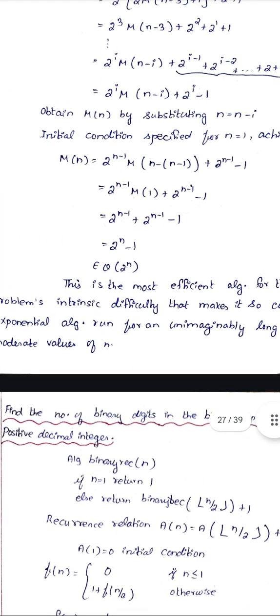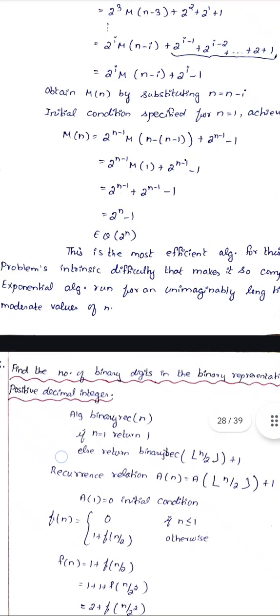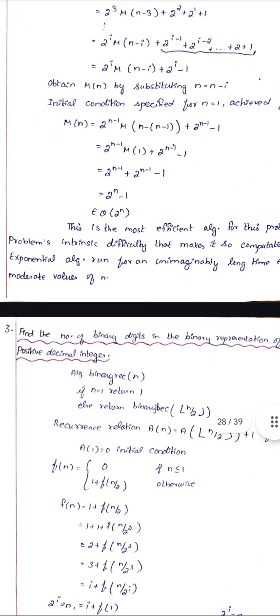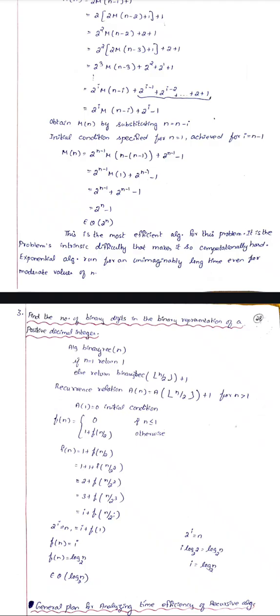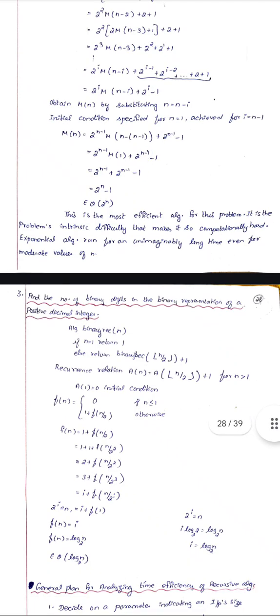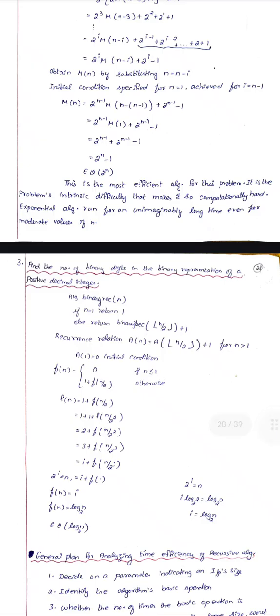So that is considered as 2 power n minus 1 plus 2 power n minus 1 minus 1, 2 power n minus 1, theta of 2 power n. This is the most efficient algorithm for this problem. It is the problem's intrinsic difficulty that makes it computationally hard. Exponential algorithms run for an unimaginably long time, even for moderate values of n.